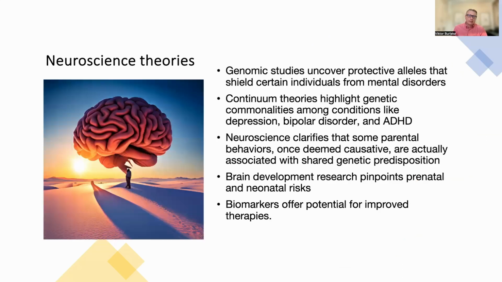Recent progress in neuroscience is shedding light on the biochemistry, morphology, and genetics of mental disorders across the lifespan, offering promise for targeted prevention and treatment. Genomic studies have identified protective alleles that shield some children from mental disorders, informing early interventions.